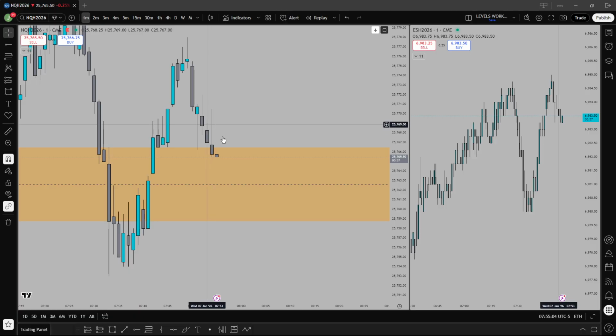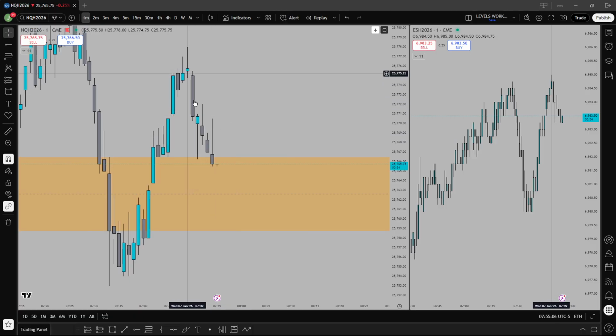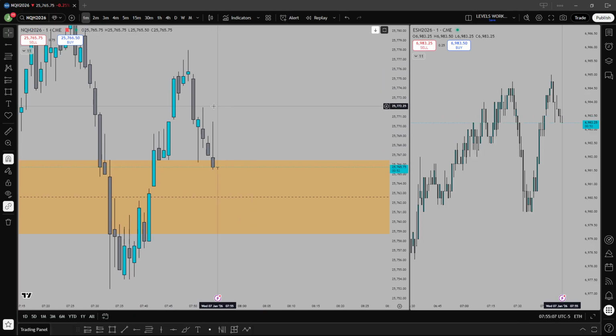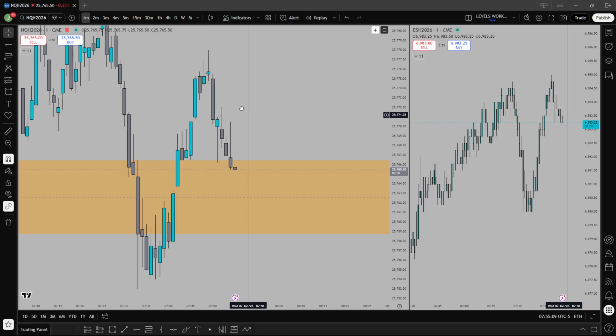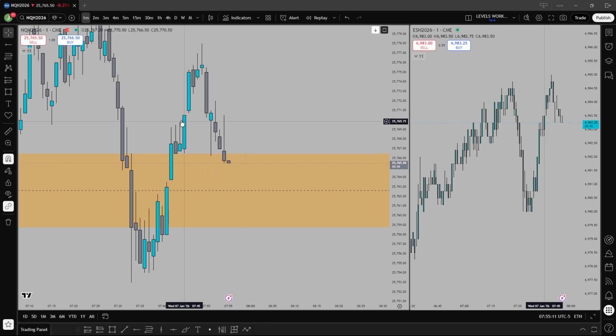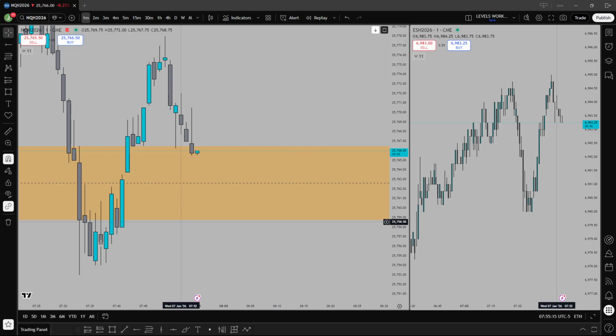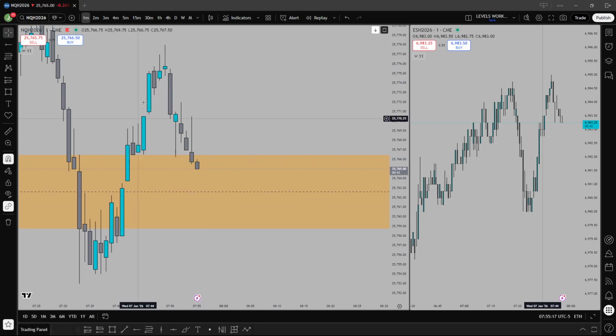With this kind of reaction, this could just be a breakaway gap. We have inverted this too. So it could just be the buy side of the curve, and we are trying to inverse the levels from the left side.